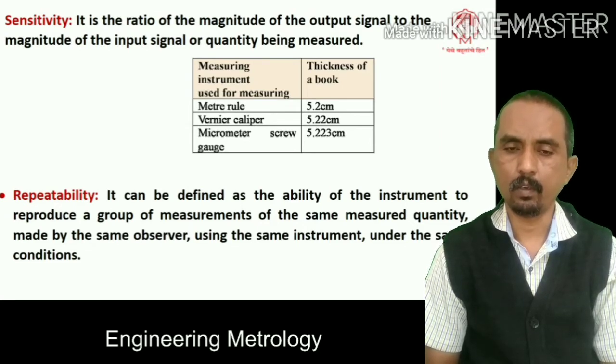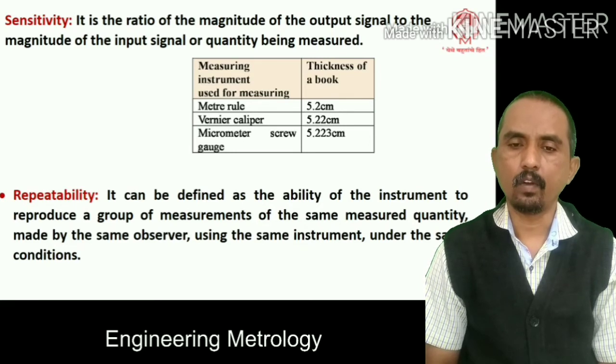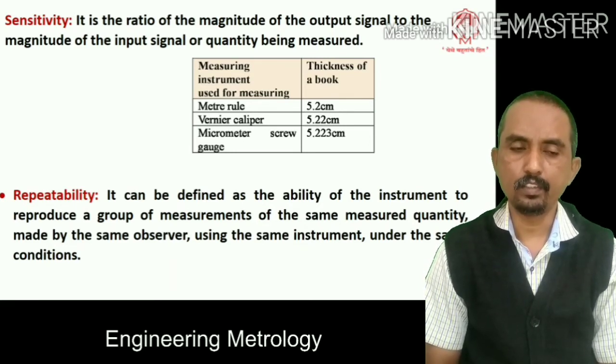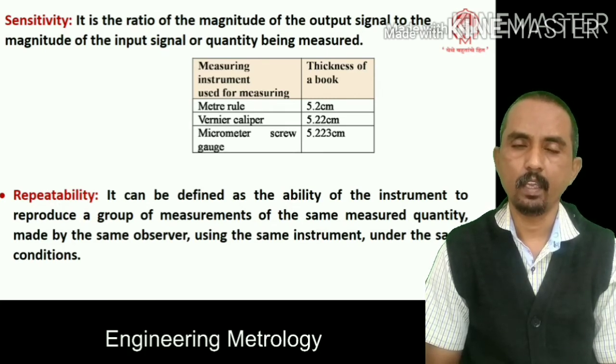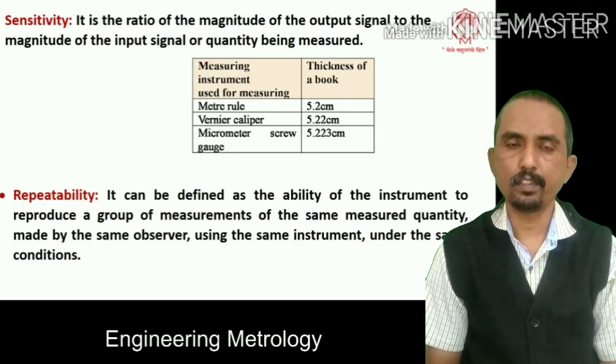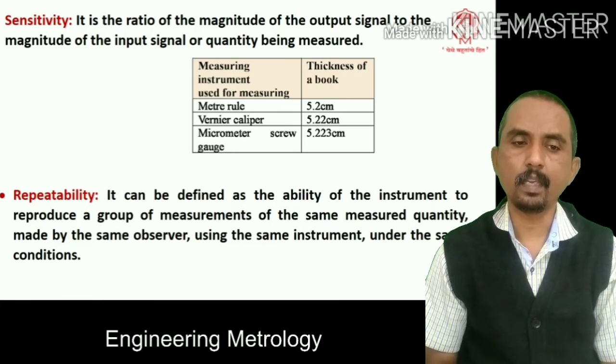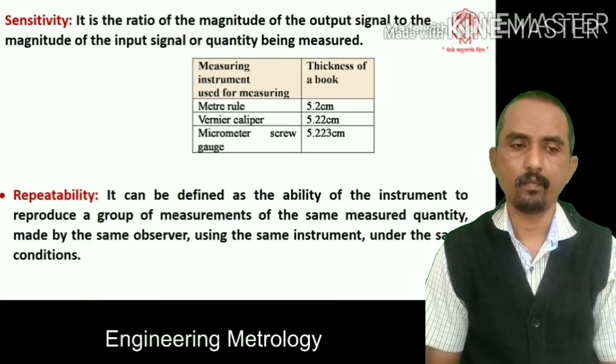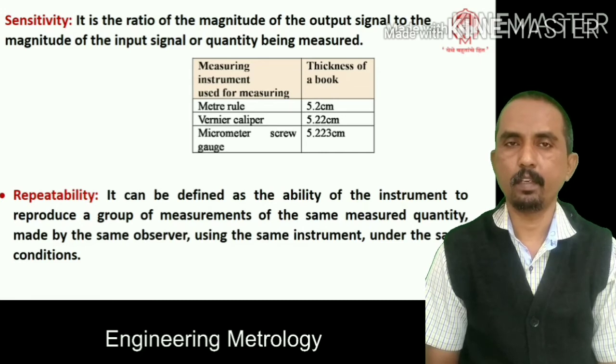Here the quantity remains the same, the instrument remains the same, the observer remains the same, even the conditions remain the same. By keeping all these parameters constant, the ability of the instrument to reproduce the same group of measurements is called repeatability.